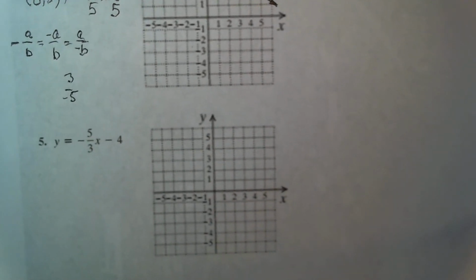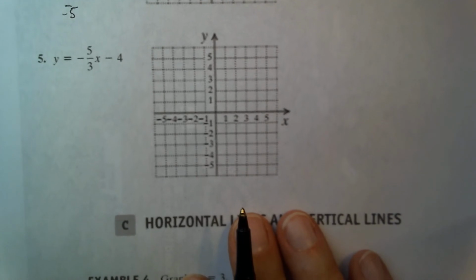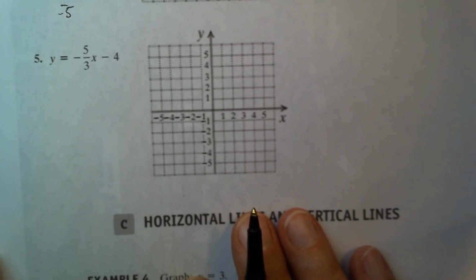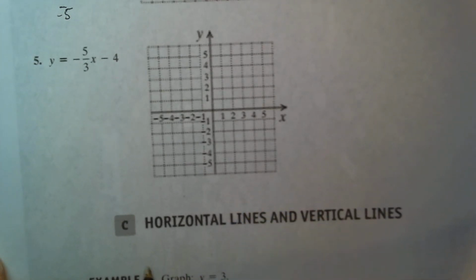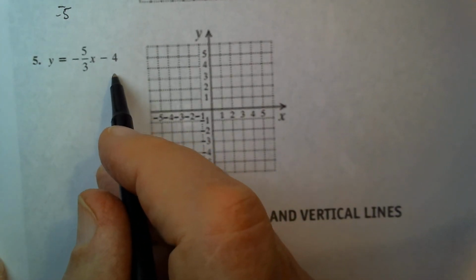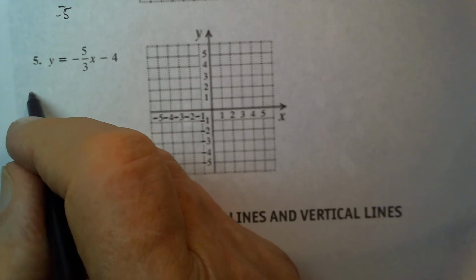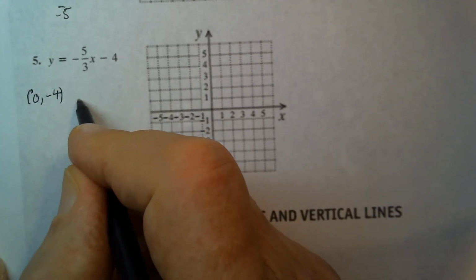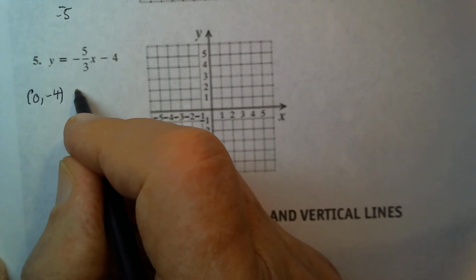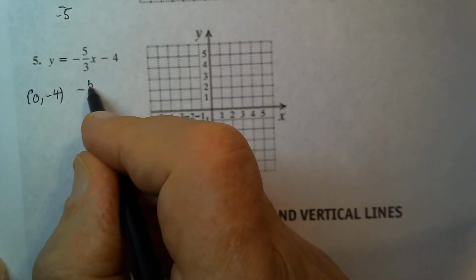Okay, then there's the next one, and that says to identify the y-intercept and graph the equation. From looking at this term here, minus 4 means our y-intercept is at 0, negative 4. And our slope is equal to minus 5 divided by 3.